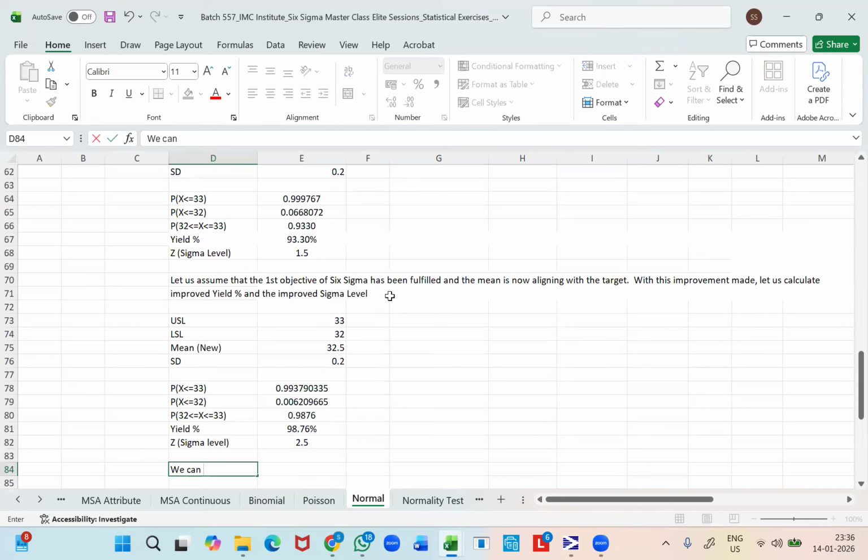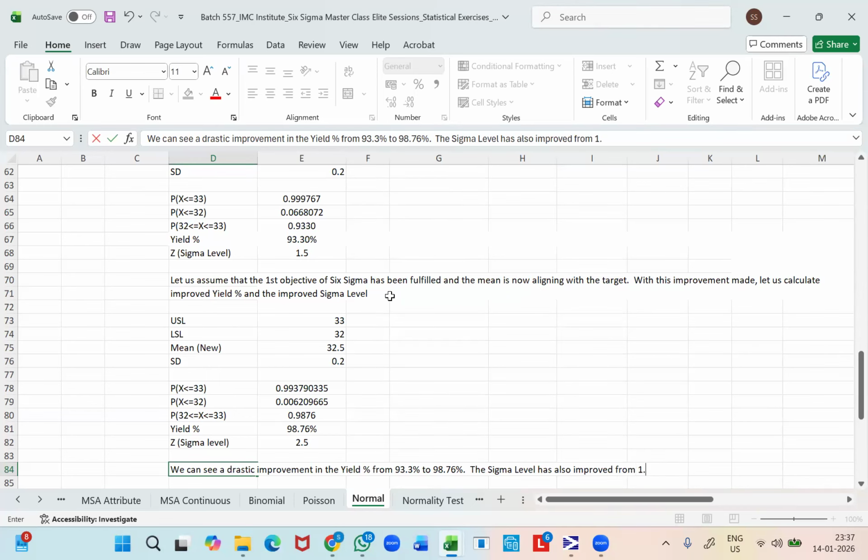So we can see a drastic improvement in the yield percentage from 93.3% to 98.76%.